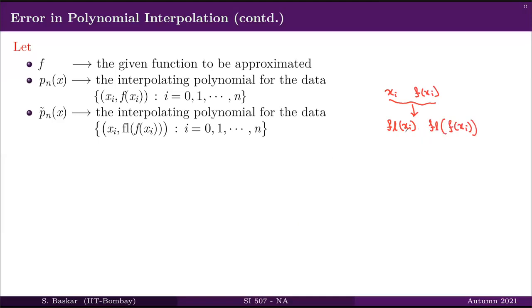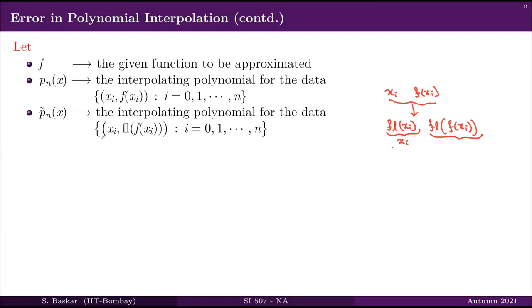For the sake of simplicity, we will always assume that the computer takes the nodes exactly, but commits error only in the function values. This is only for the sake of making our analysis simple, but actually we should consider error in both nodes as well as function values. But we study the error analysis in the simplest form.